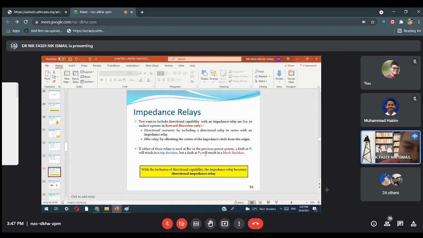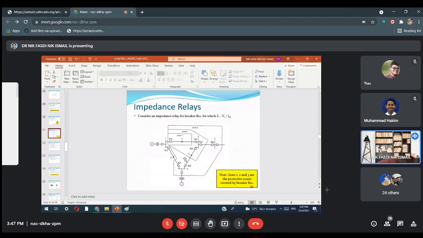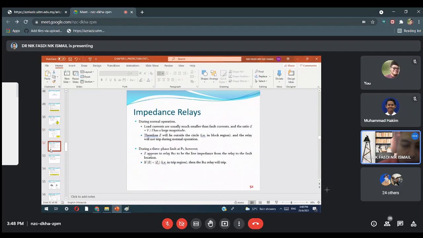But a fault at P3 results in a block decision. It will not trip because it becomes reverse direction. That is clear, understood? That is what it means. You know which is forward and which is reverse from what I explained before. Okay? Alright. So, in case this relay is combined with a directional relay, without the directional relay, it would trip as well. It is drawn here because it wants to show that the fault is in this region, all of this region. It will trip anyway because it is based on the impedance. Okay.